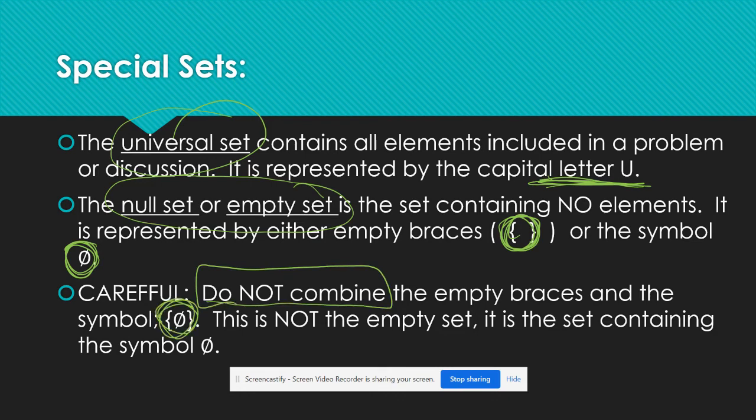Otherwise, if you did write this, then that has an answer, and that answer is the empty set. It's not nothing. These mean there's nothing. This down here means the answer is the empty set.